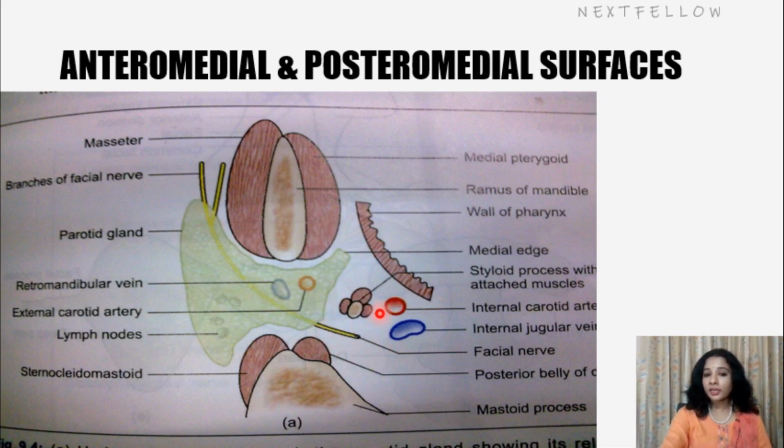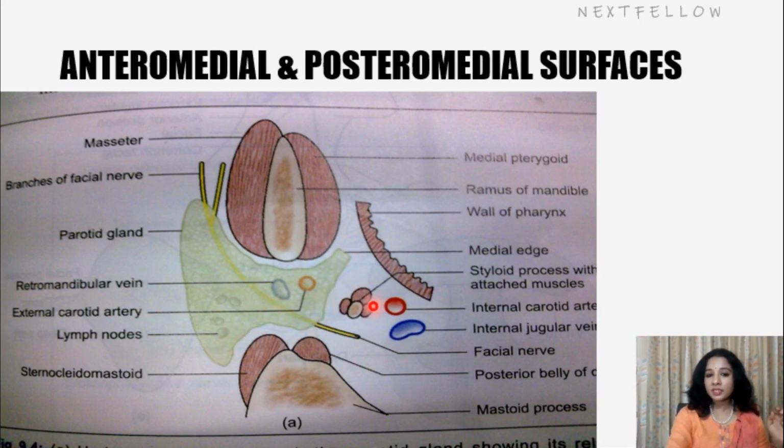So in the parotid gland in transverse section, we can see this is the lateral or superficial surface, which I said is covered by the skin, superficial fascia, and deep fascia, and the superficial fascia contains the superficial parotid lymph nodes as well. This is the anterior border, here is the posterior border, and this projection is the medial border. From the anterior border to here is the anteromedial surface, and from the medial border to here is the posteromedial surface.